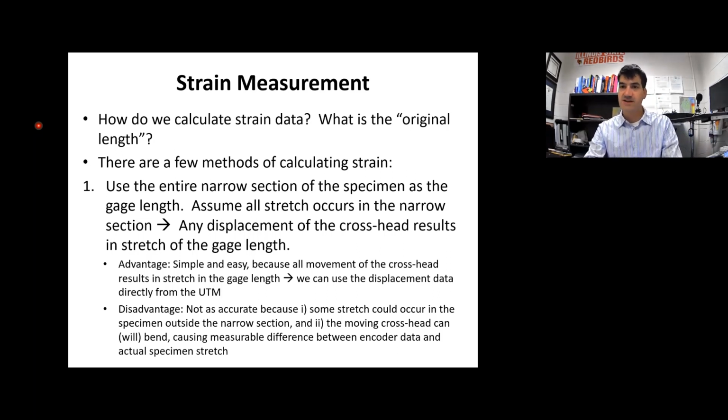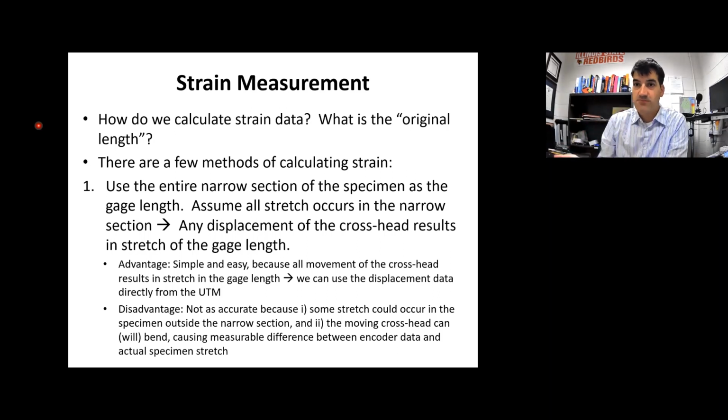So there's actually 3 different ways that are allowed by the ASTM instruction to measure the change in length of the part that you're doing tensile testing on. The first way is the way that I've kind of alluded to so far, and that is to say that our test section is going to be this narrow length right here, and I'm going to assume, because it is kind of an assumption, it's a decent assumption, that any movement of the moving crosshead of the machine results in a stretch of that same amount in the gauge length section of this part.